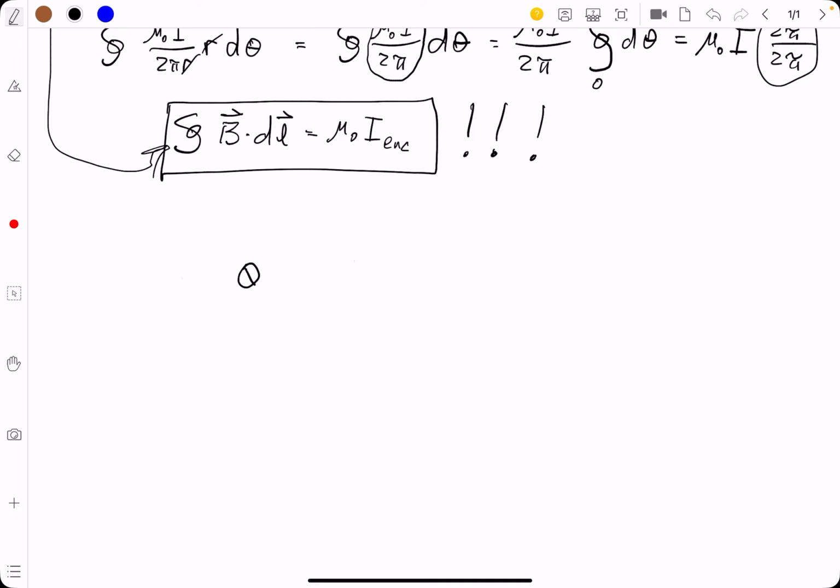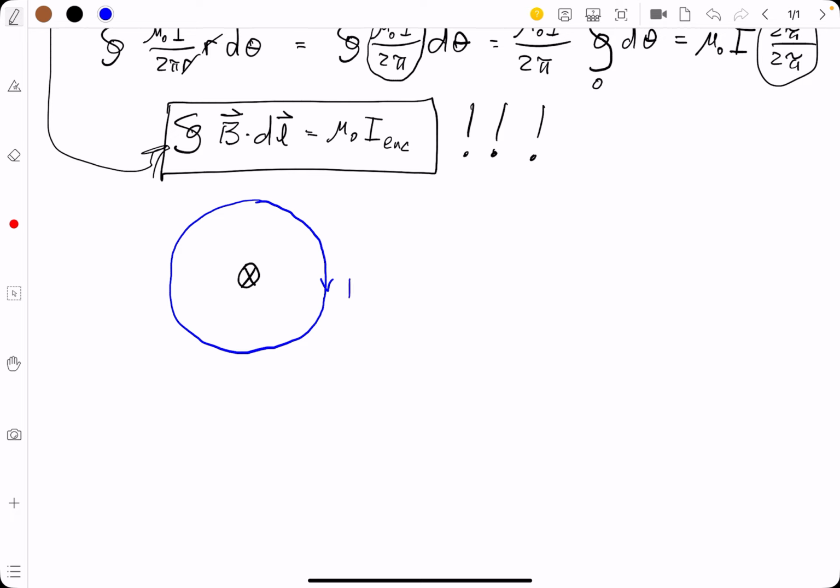So, here's our current. Our B field is going to go around the current at a certain radius. Oh, much better. And what is the direction of the current? Stick your thumb along the direction of the current into the page and your fingers point in the direction of the B field.